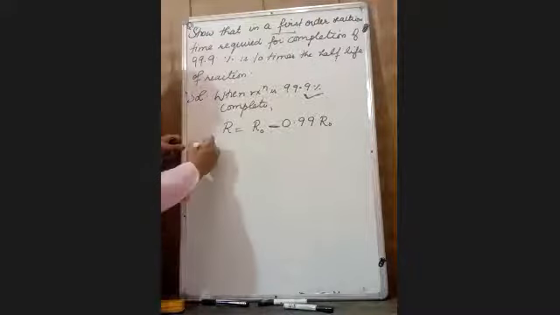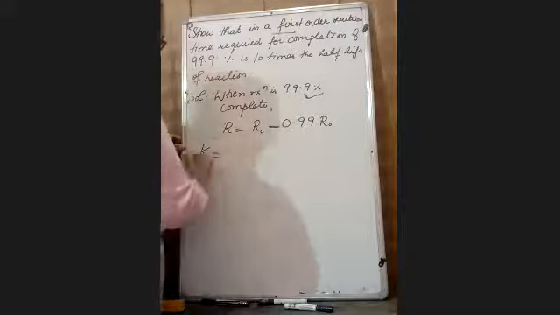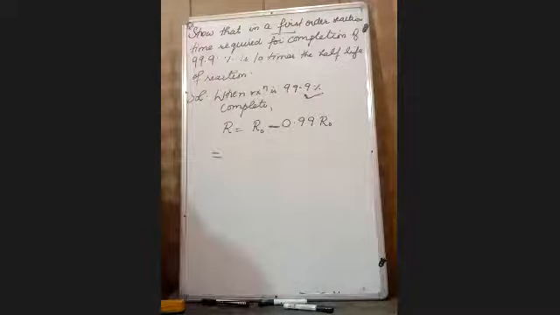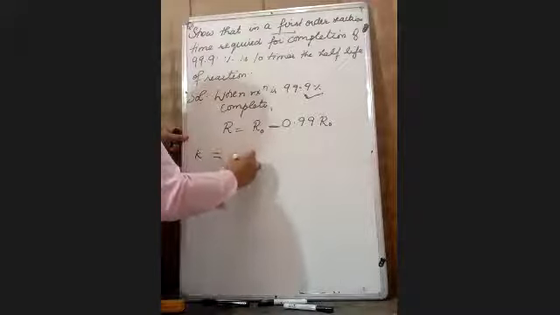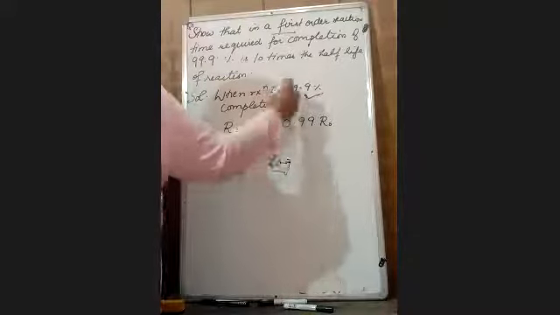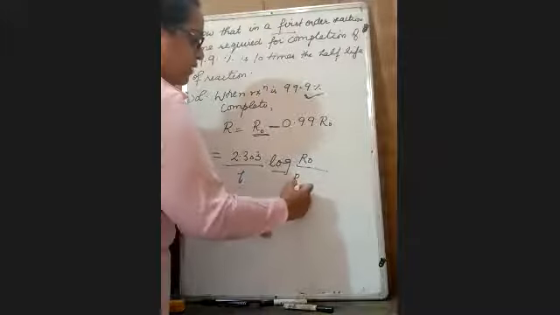And now you know the formula of K. You have to calculate the time required for completion. Okay. First write K for this reaction is 2.303 over T log initial concentration over final concentration.